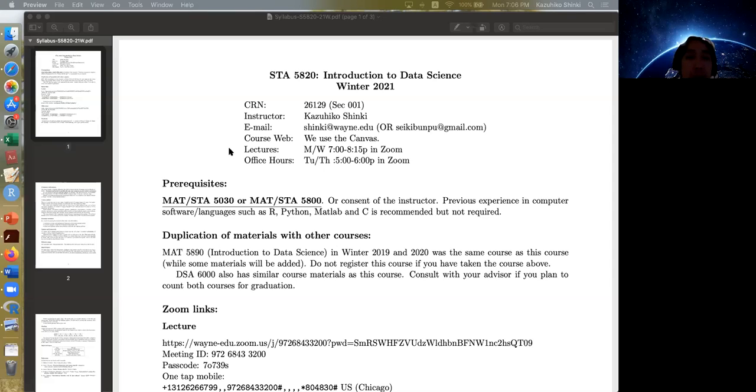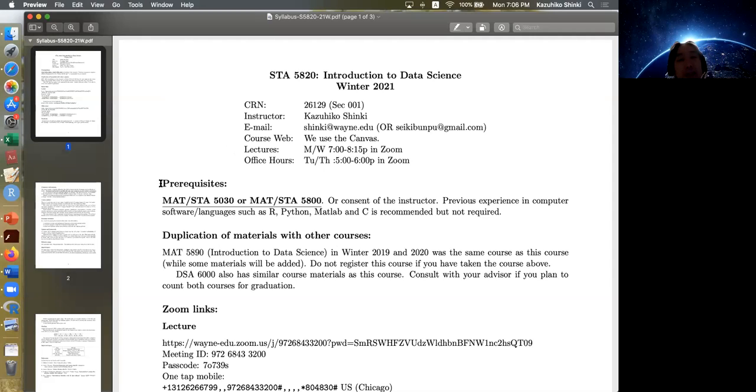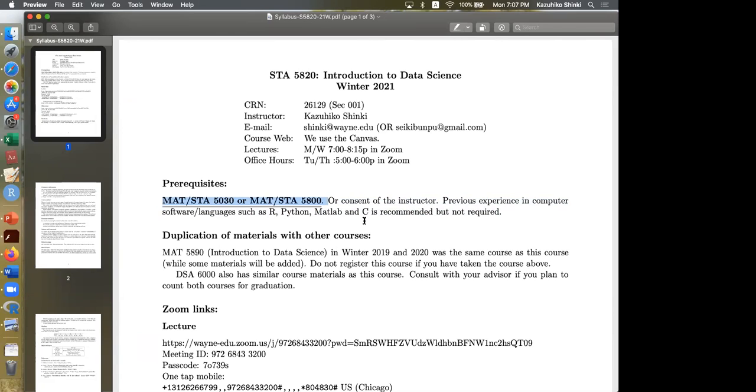So this course has the prerequisite of STAT 5030 or STAT 5800. It seems all of you have some experience in R, or has anyone not used any statistical software, or used different software? Stata, okay.